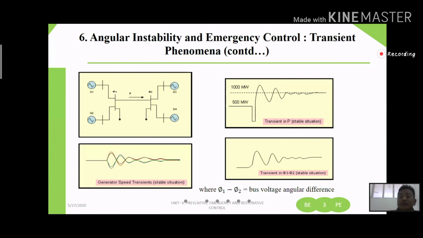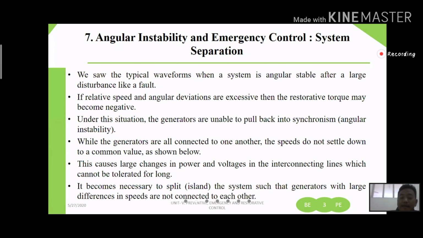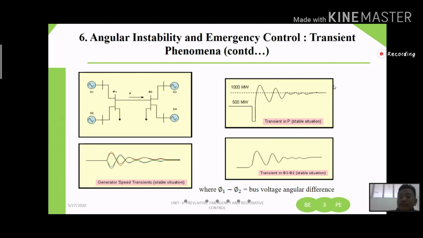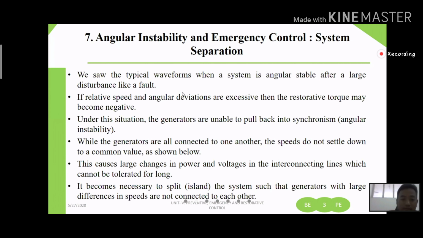Then another case we will consider is what will happen if it is not coming back to the steady state like this. After the fault is cleared, it's not coming back to the steady state. I will explain here. We saw that waveform when a system is angularly stable after a large disturbance like a fault, right?